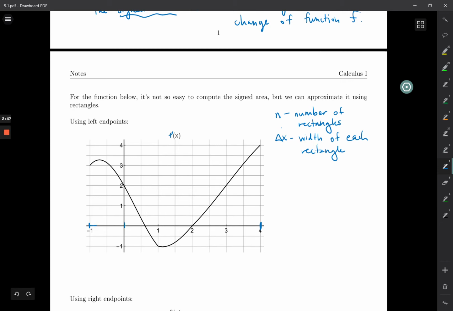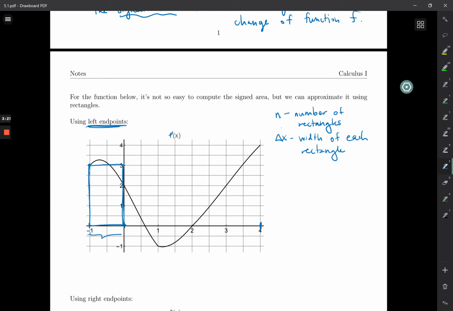So focusing on this first interval from -1 to 0, the approximation using left endpoints, what that means is that we take the left endpoint, which is -1, we follow that all the way up to the curve, and then whatever height that is, we draw a rectangle that is that height all the way along the entire interval, the width that we're using, okay? So here is our first approximating rectangle, and we use the height of the function at the left endpoint, so that's what this left endpoint refers to.